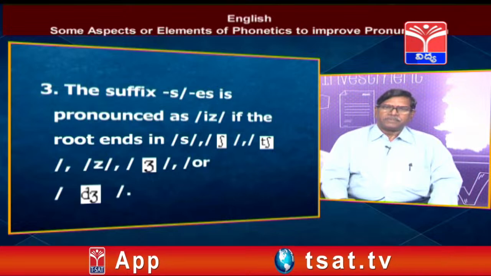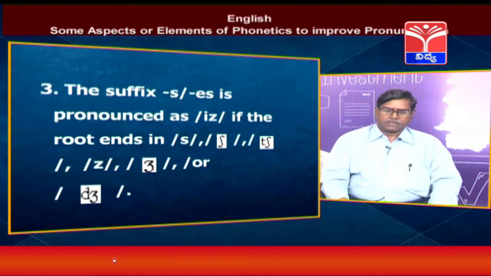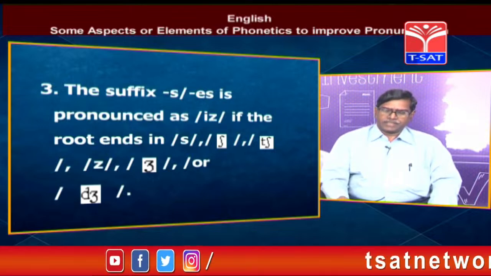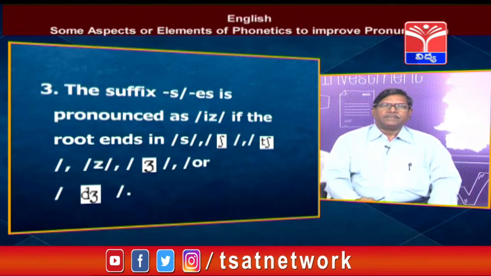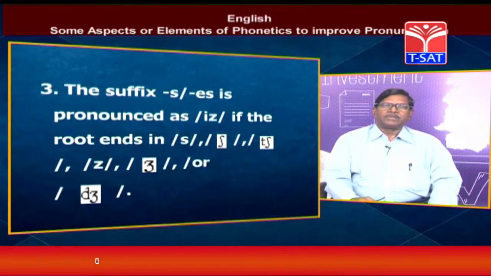If the root ends with either s, sh, ch or z, zh, j, then in such cases the plural marker is pronounced as iz.